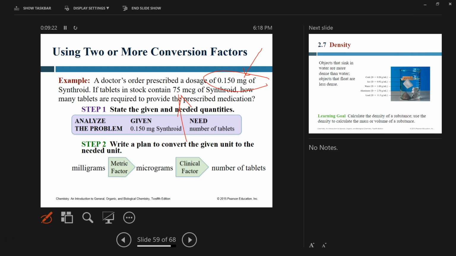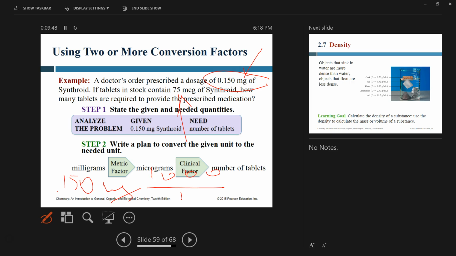So what would you do? You would take milligrams, and you need to convert 150 milligrams into micrograms. So how many micrograms are in 1 milligram? 1,000 micrograms. Does that make sense?